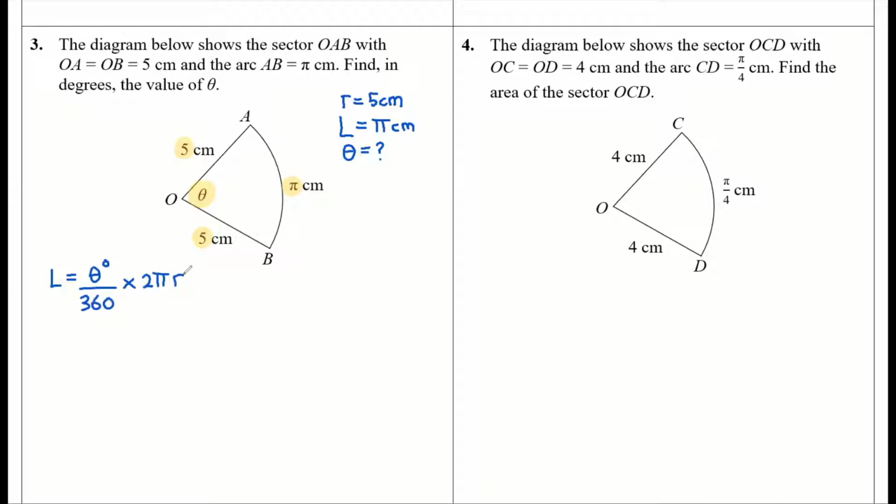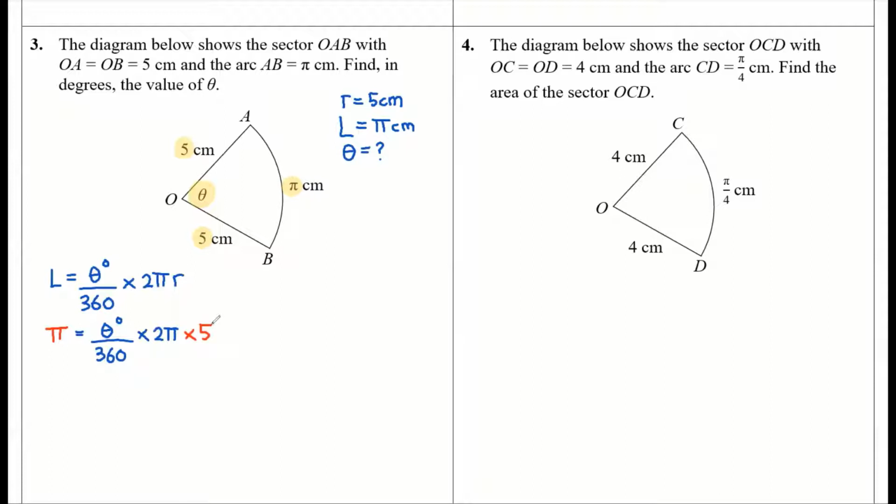Let's sub everything in. So pi goes in on the left, that's equal to the thing we want to find, theta over 360, multiplied by 2 pi, and then r is of course 5. So we're going to multiply that by 5.